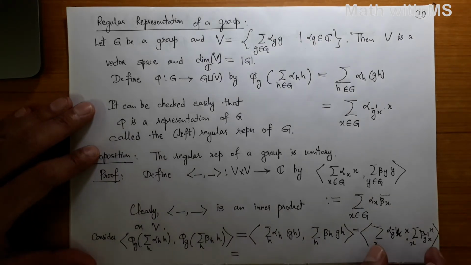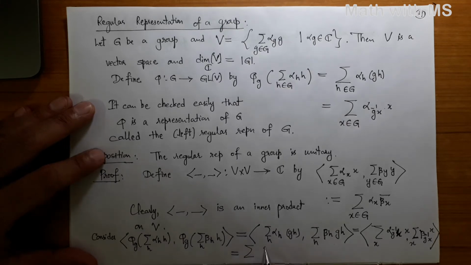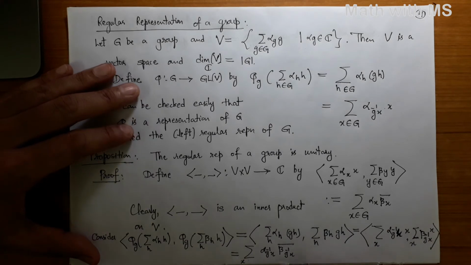Now by definition this is simply the Hermitian inner product of the coefficients. So this turns out to be the same as Σ α(g⁻¹x) β(g⁻¹x) bar.